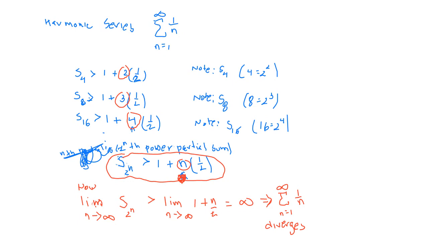This limit here, this limit as n goes to infinity, is the sum of the first 2 to the nth power terms of the series.